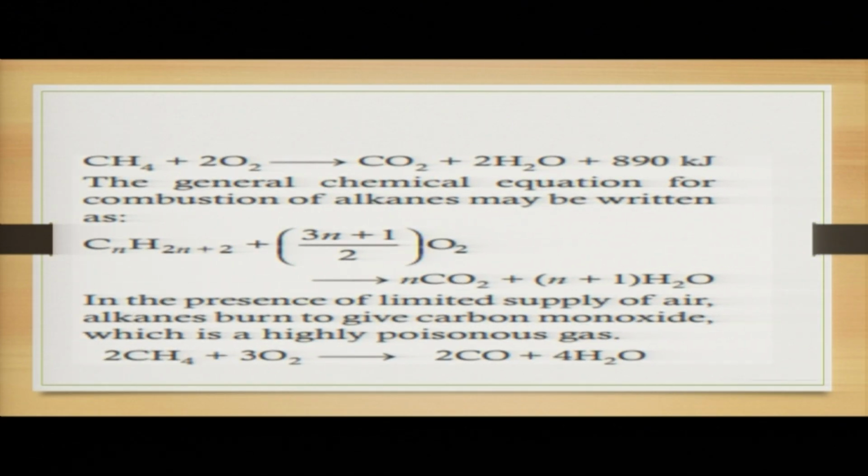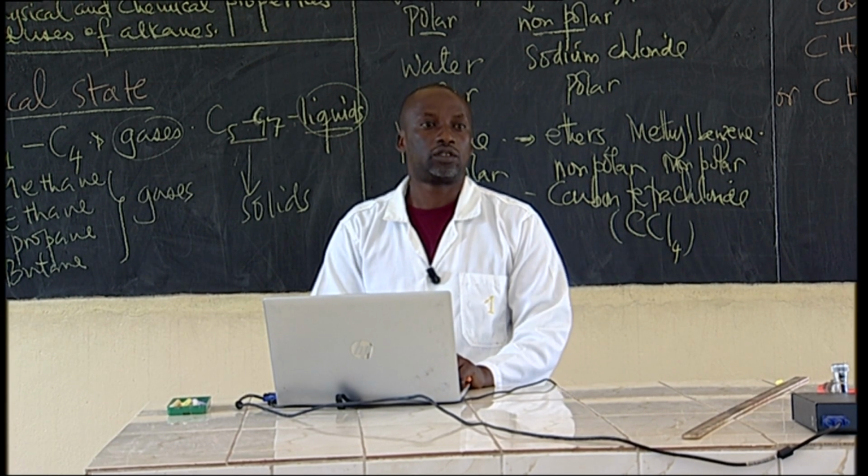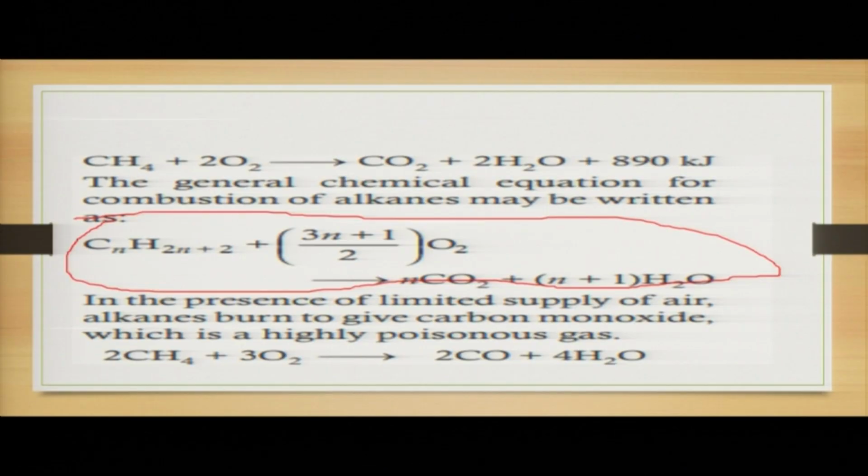That is the formula that can help you to balance the reaction for the combustion reactions of these alkanes. You can use that formula over here. This is the general reaction that you can use to balance the reaction for the complete combustion.